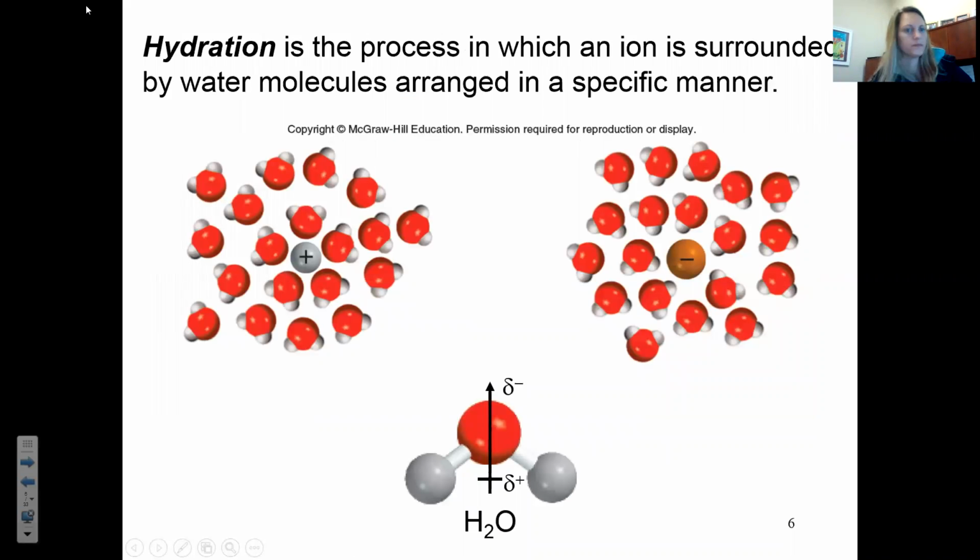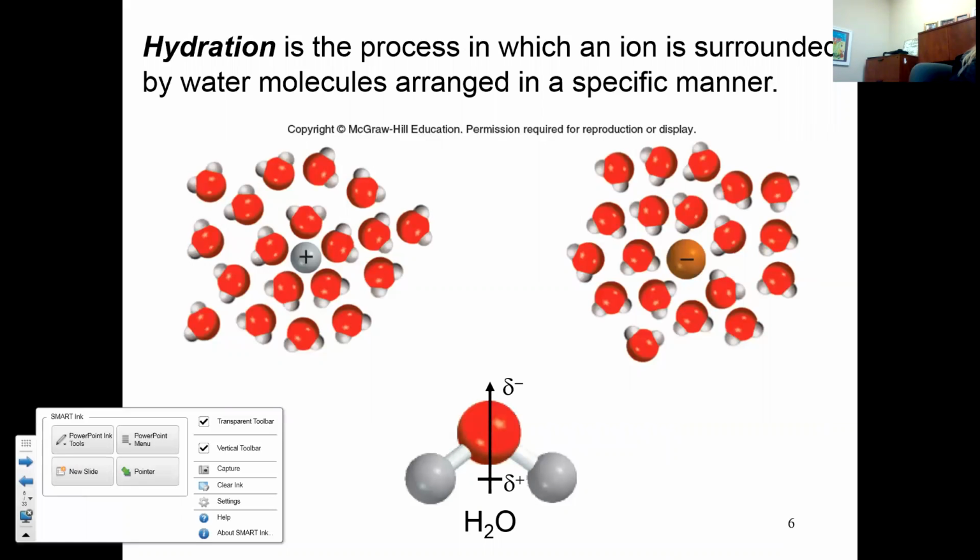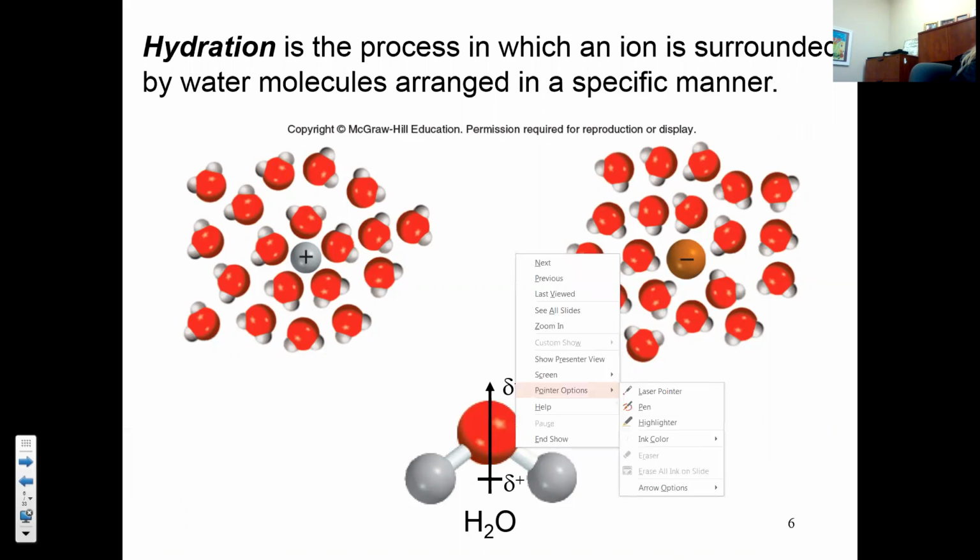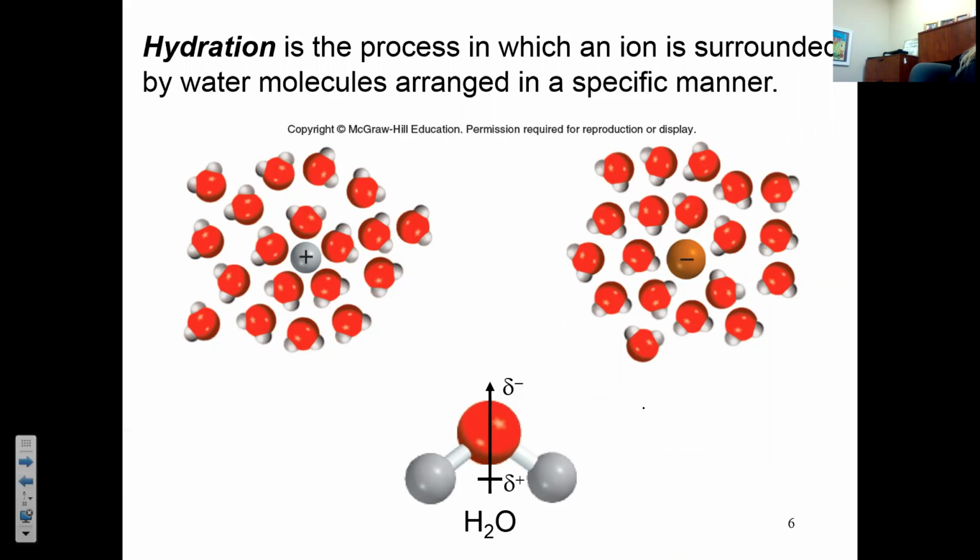Okay, so if we look at the water molecule, which is down here, and hopefully this works now, this water molecule, you can see we have an oxygen here, and a hydrogen here.